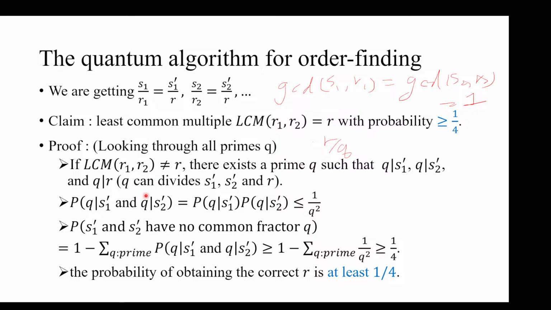And then we see this, but we know S1 prime and S2 prime are both drawn uniformly random from 0 to R-1.